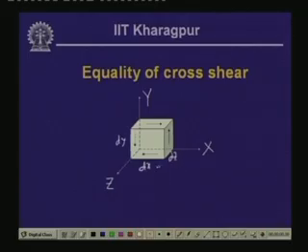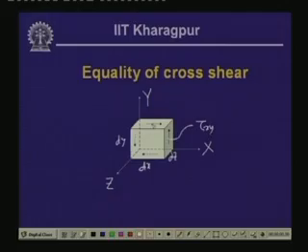Now, if we like to take the moment of all the forces about z axis, in this particular figure only the forces which have relevance while taking moment about z axis have been taken into account. This particular plane being the x plane, the force acting in the y direction, as per our nomenclature, we call tau x y.